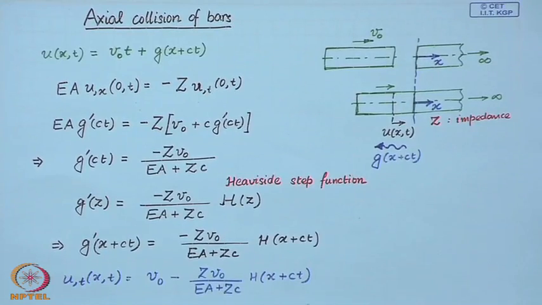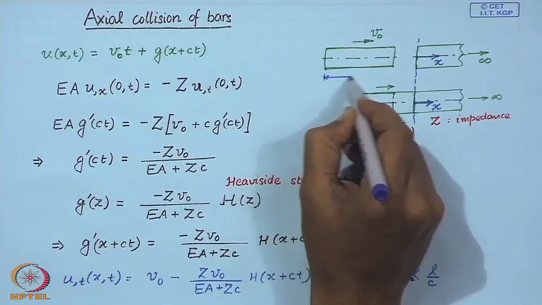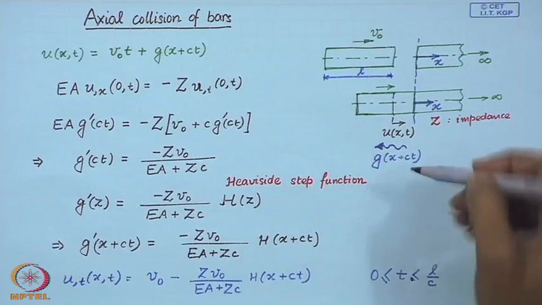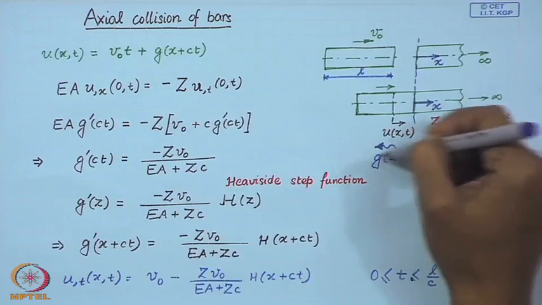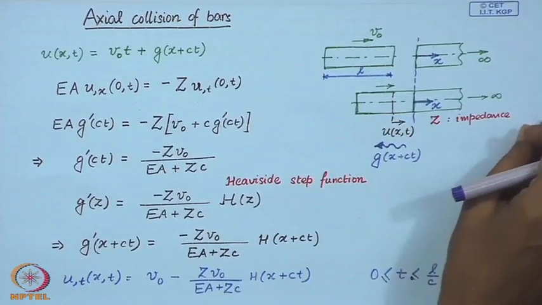Now, this solution is valid till the time L over c, where L is the length of this bar. L over c is the time taken by this negative travelling wave to reach the free end of the finite bar.